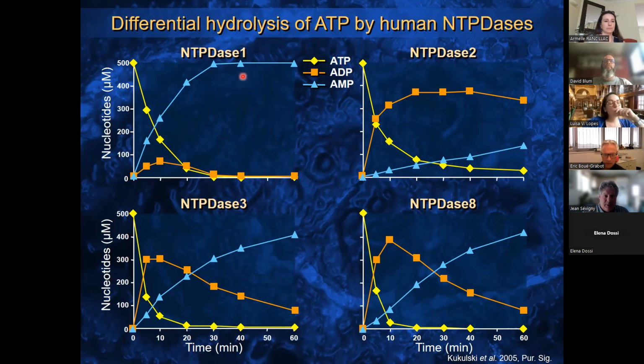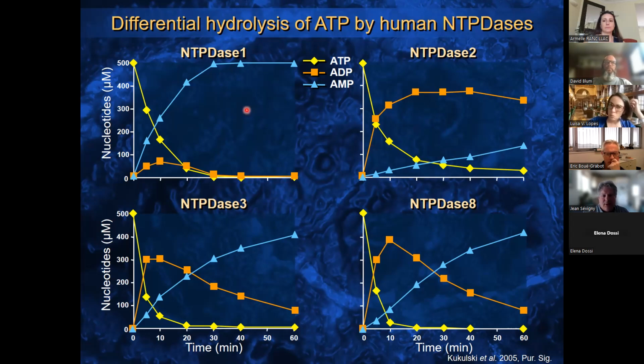And in the case of NTPDase 1, ADP is produced, but is rapidly hydrolyzed, and there is a rapid formation of AMP. NTPDase 2 is not so good at hydrolyzing ADP. So we have an accumulation of ADP with not much AMP formed.